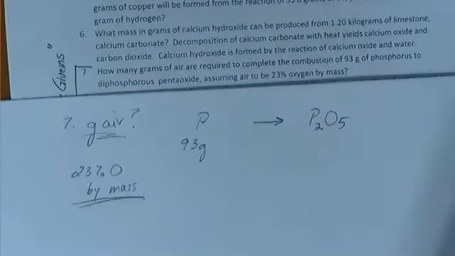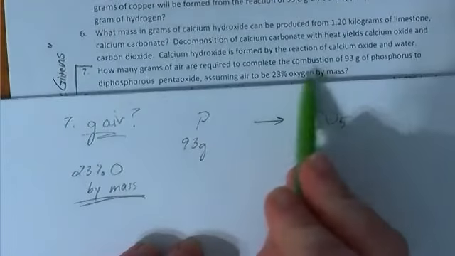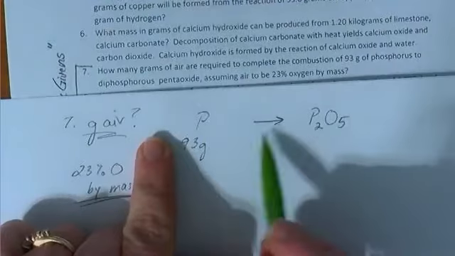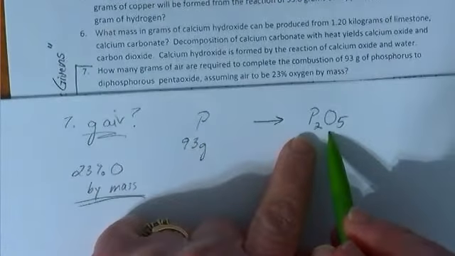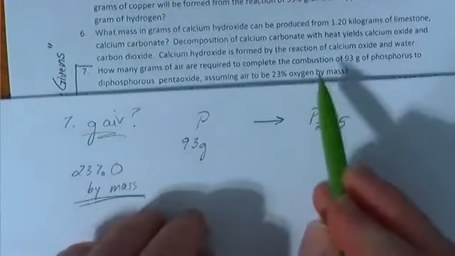Oh gosh. Well, we always know that stoichiometry begins with a balanced equation. Okay, it says we're combusting. Well, we have phosphorus and we're making this. Oh, this must be kind of a stretch on what we call combustion.